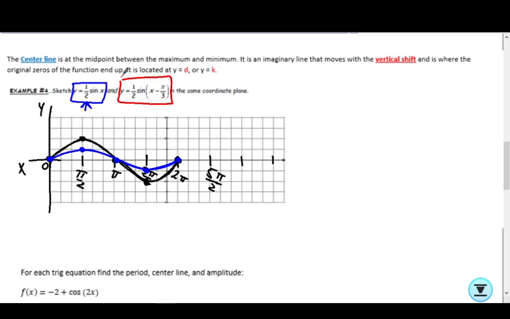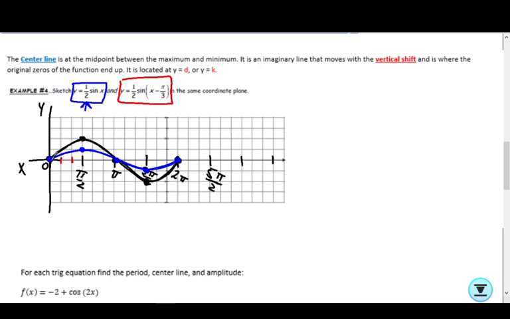The reason I marked off my x's into 3's is because, just like the unit circle, when you divide up the first quadrant into 3 equal pieces, this is pi over 6 and this is pi over 3. So I've set myself up so that I have to move everything over pi over 3 to the right.